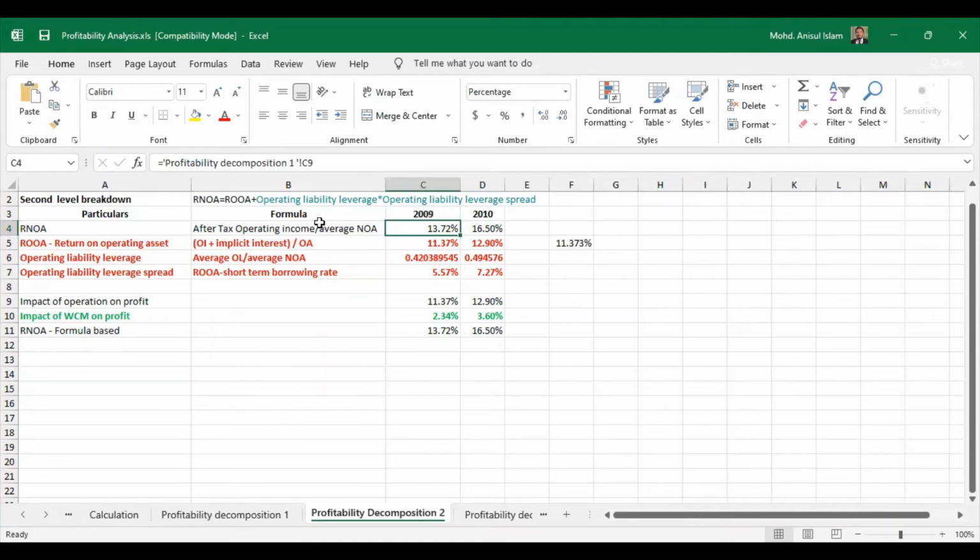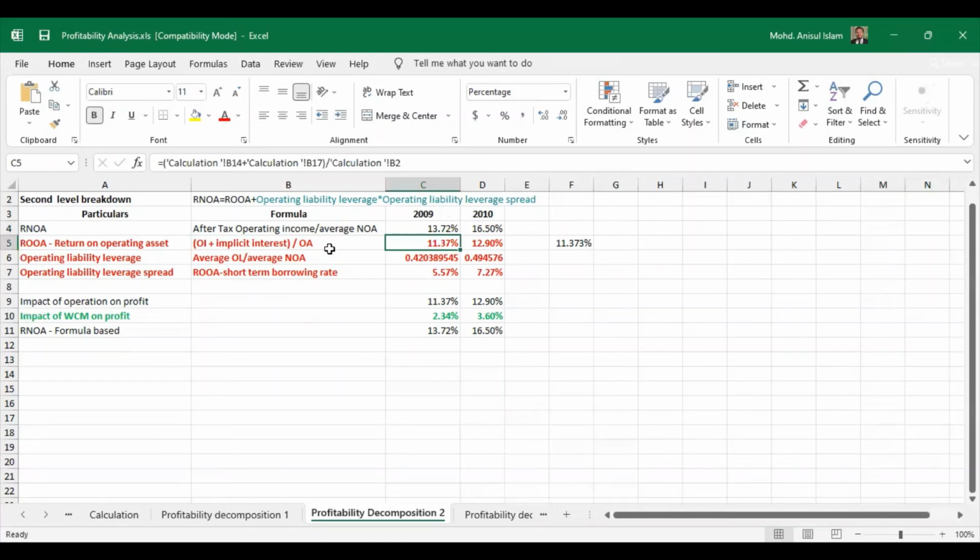Note that we have not included any working capital management or current liabilities issues because we have neutralized the impact of operating liabilities.